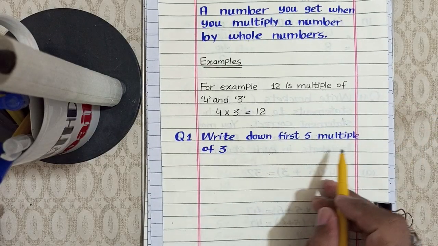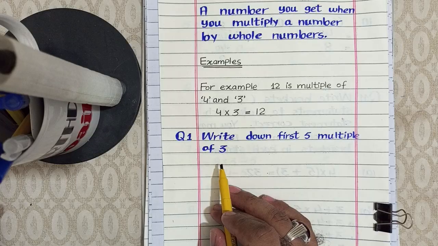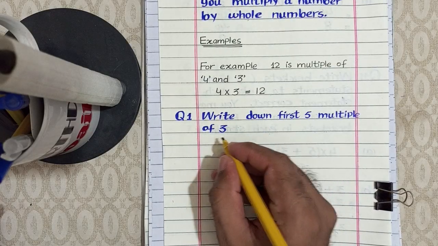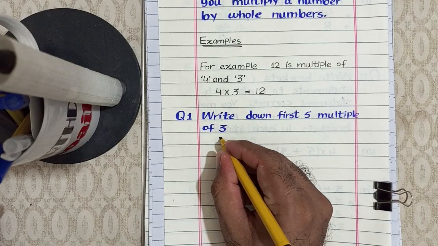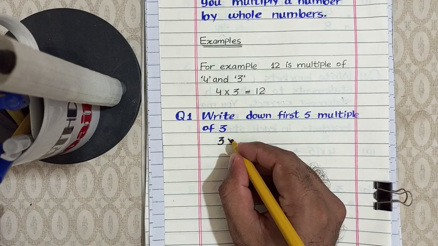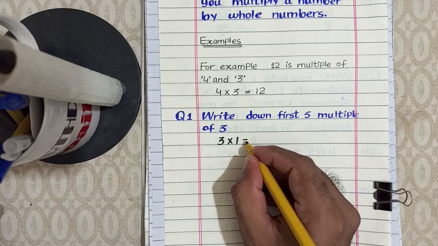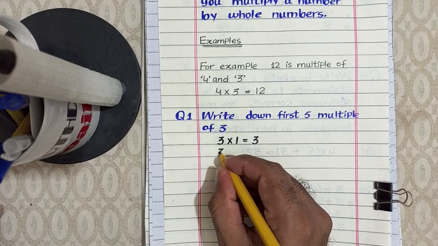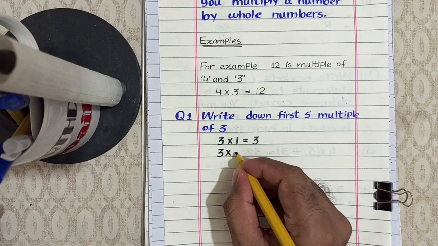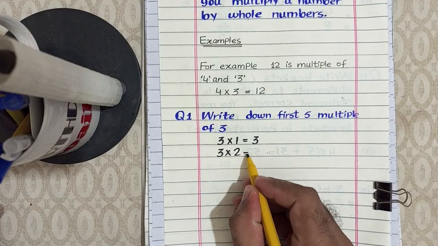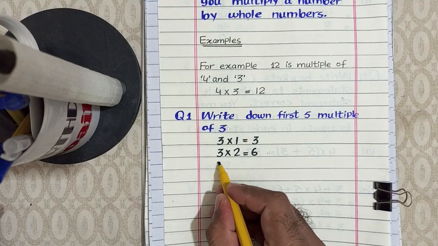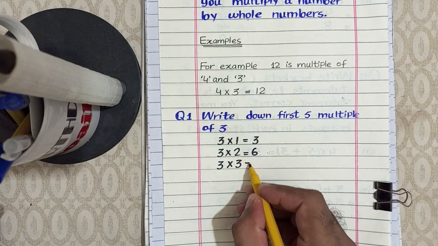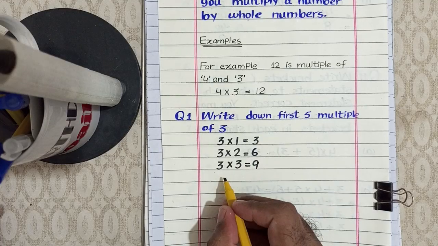Write down the first 5 multiples of 3. If we multiply 3 with 1, 3 times 1 is 3. Now we multiply 3 with 2, 3 times 2 is 6. Now 3 with 3, so our answer is 9.